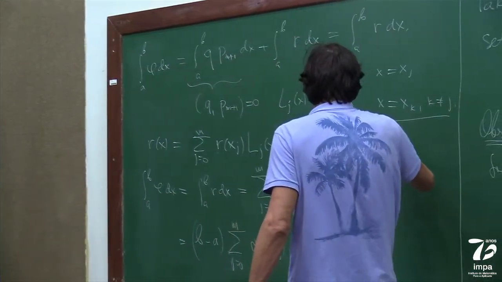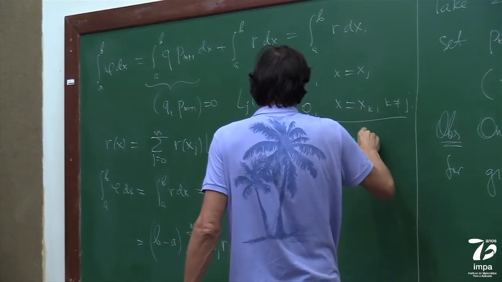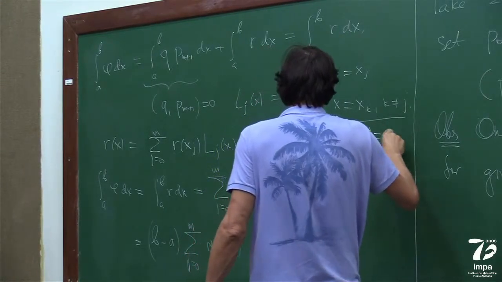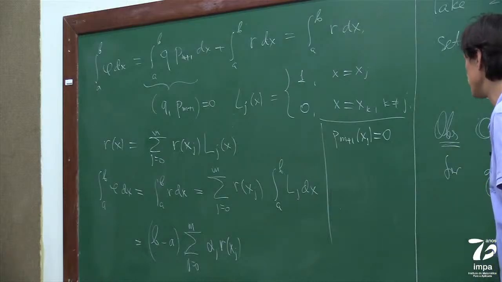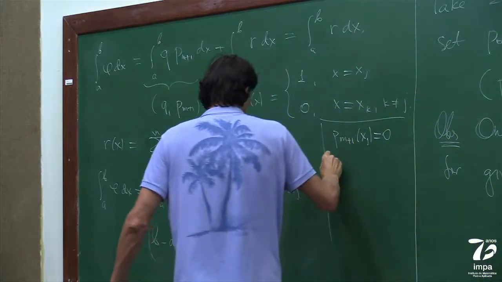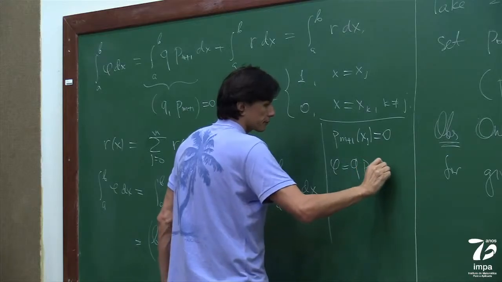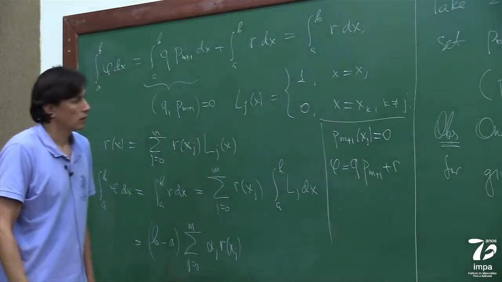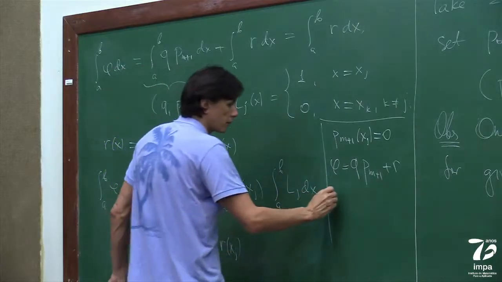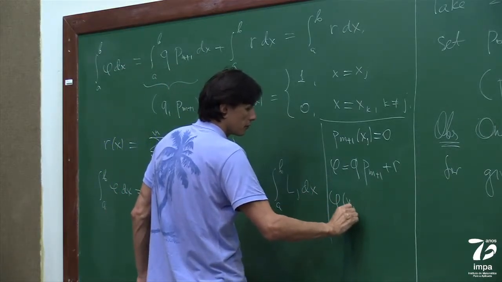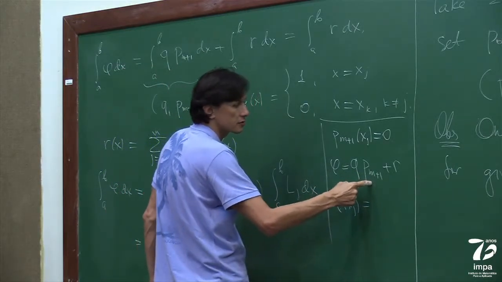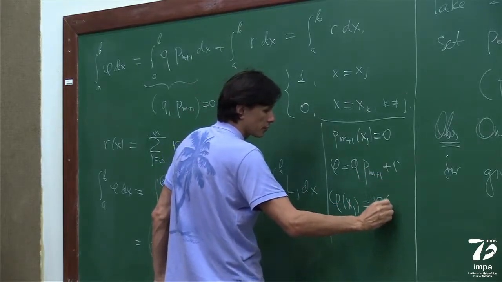And the last point is to remember that P(m+1) at all nodal points is exactly 0. This is how we define the points. And phi is q P(m+1) plus r. So phi at every nodal point is 0 plus r, so it's the same as r at the nodal point.